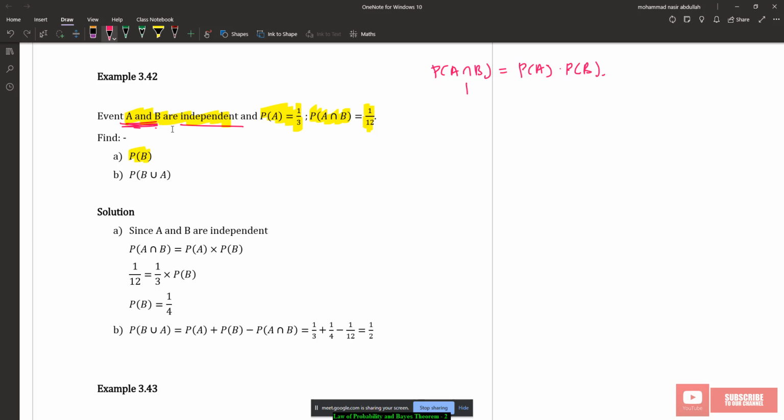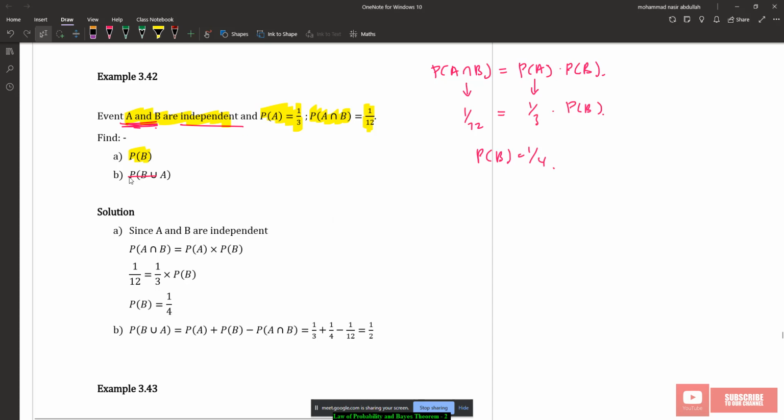So probability of A intersect B is 1 over 12, equal to probability of A, 1 over 3, times probability of B that we want to find. So we just do a simple manipulation, bawa ni ke sana, right? 1 over 3 bawa ke sana, and then we will get probability of B equal to 1 over 4. Okay. Boleh?